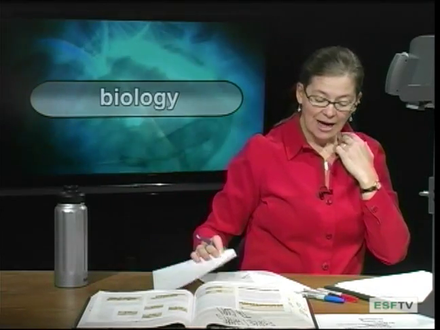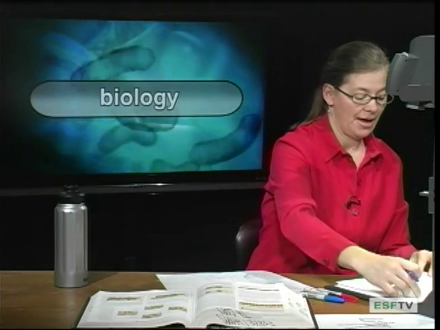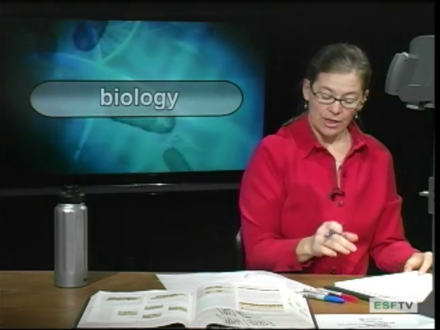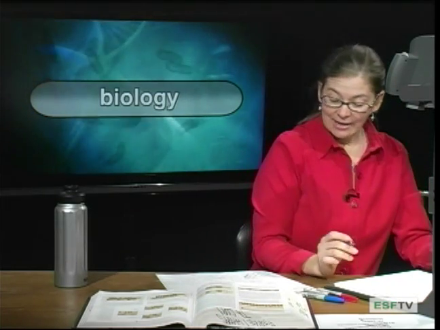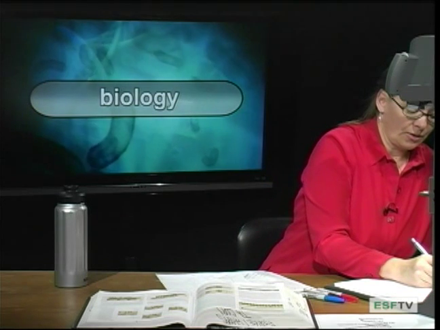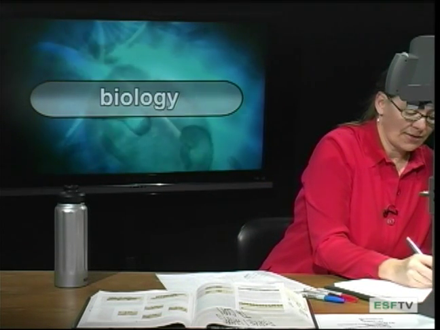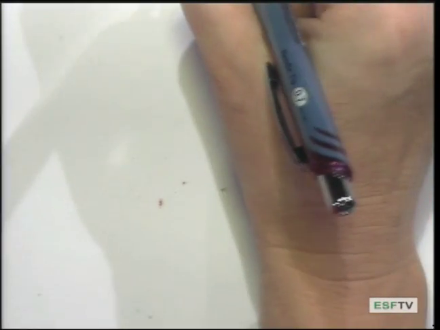And let's talk now about how exactly muscle contractions come about. So muscles contract via what is called a sliding filament mechanism.